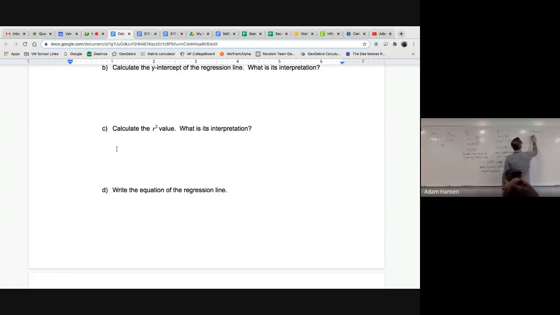Y hat equals 0.972 times X plus our Y-intercept, which was 6.78. You might see a regression line like that in terms of X and Y. They might also write it using the names of the variable. So they're going to replace Y with the fat and X with protein.